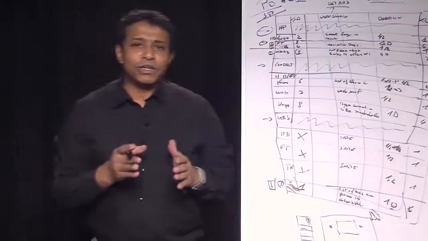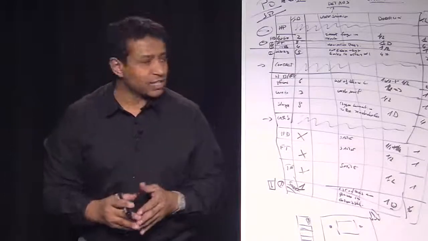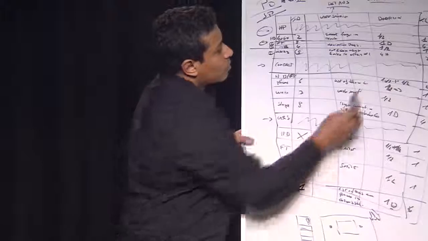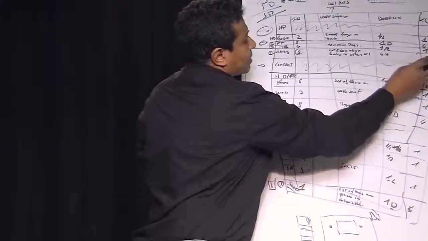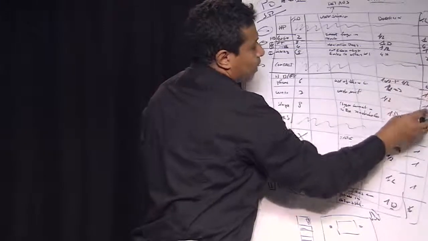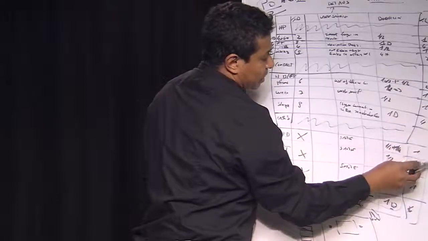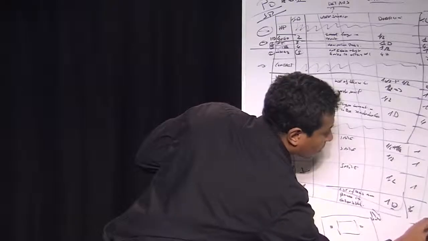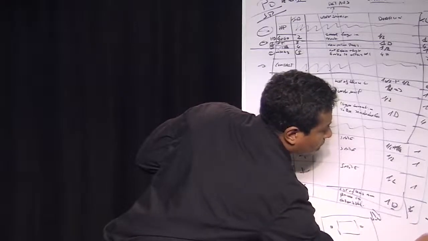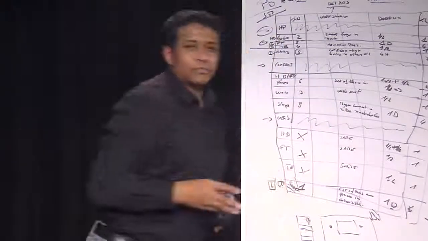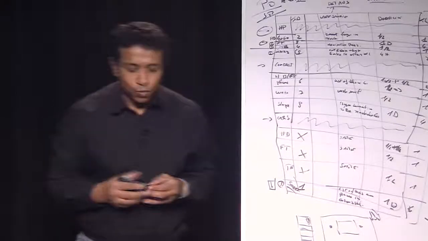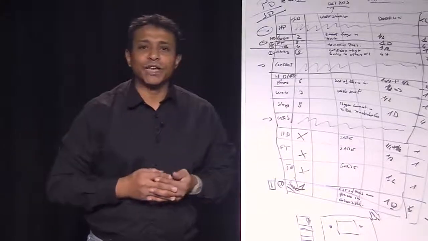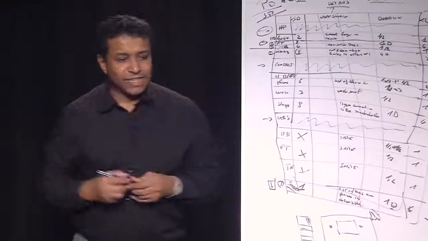This cost store will cost me 1, 5, 6, 8, 10, 11, 12, 16, 17, 18, 19, 23 points. Okay? It's going to cost 23 points. Why is it so important to know that?